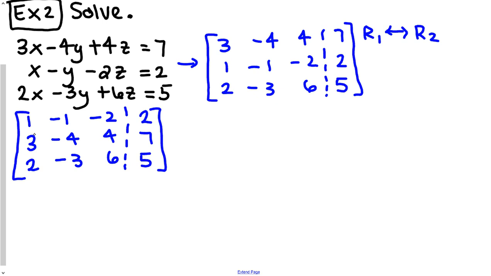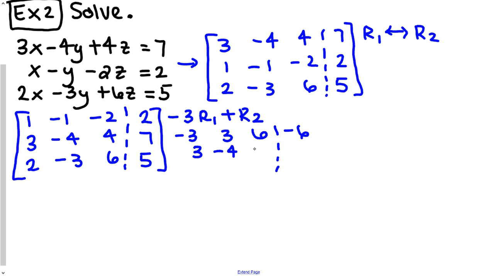My next objective is 3 needs to become a 0. So the way I'm going to do that is I'm going to take row 1 and multiply it by negative 3. Then I'm going to add it to my row 2. If I multiply row 1 by negative 3, that gives me negative 3, positive 3, positive 6, and negative 6. Write row 2 right below it, 3, negative 4, 4, 7. 3 and negative 3 cancel. 3 minus 4 is negative 1. 6 and 4 is 10. 7 minus 6 is 1.